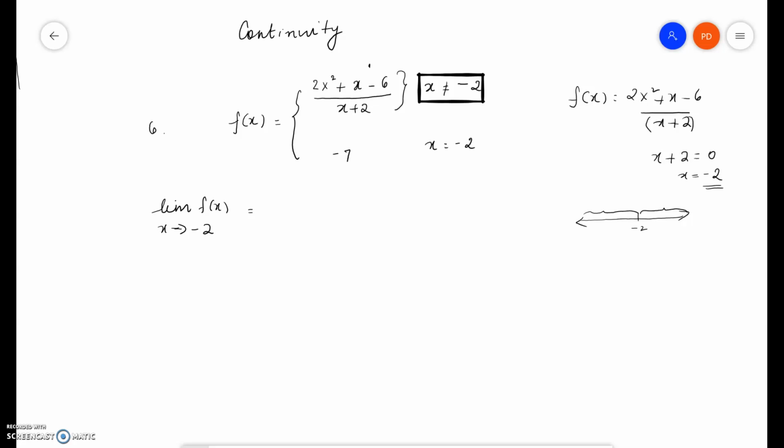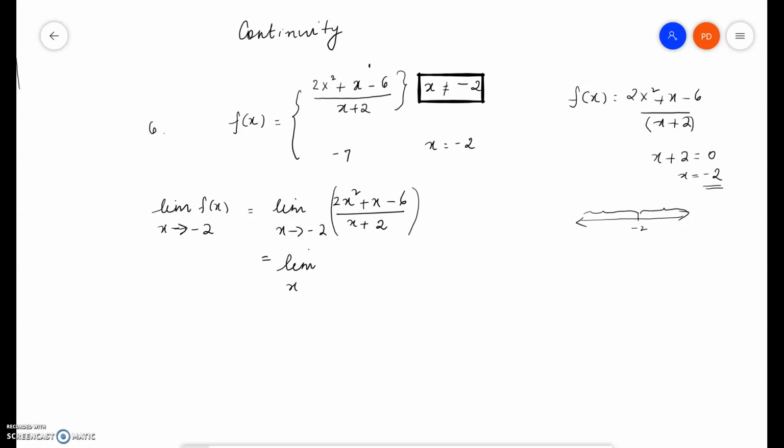When x is approaching negative 2, that is, when x is getting closer and closer to negative 2, either from the left or from the right, it is defined by the piece, let's write that down, (2x squared plus x minus 6) divided by (x plus 2). So as x approaches negative 2, either from the left or from the right, the function is defined by this piece.